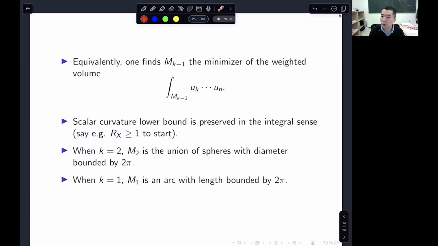That's the Gauss-Bonnet theorem: positive curvature surfaces are spheres. And also we have the Bonnet-Myers theorem, so they all satisfy a suitable diameter upper bound. 2 pi is not the optimal upper bound, but it's close to that, and it's useful in most scenarios. And if you can slice down all the way to 1 dimension, then you really get just the circle, and the circle has an arc length upper bounded depending on the curvature lower bound.